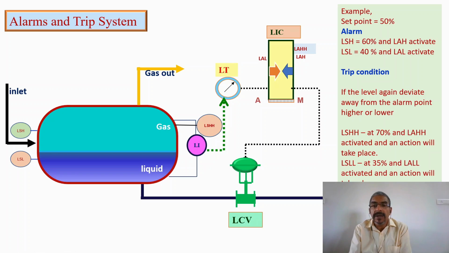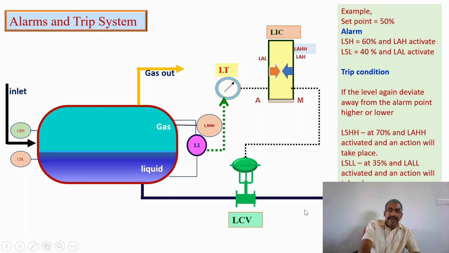Immediately it will create an annunciation and alarm, plus action on the inlet of the oil line, or the outlet of the gas line, or this liquid outlet line. Three actions or one action or two actions, according to the logic, it will take immediately. This is the higher condition, level switch high.